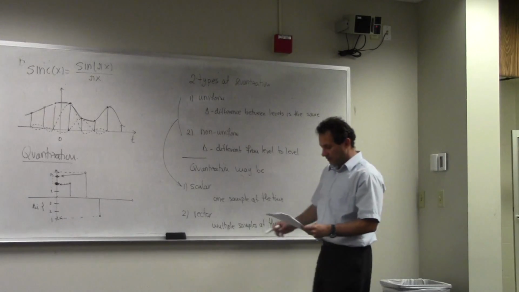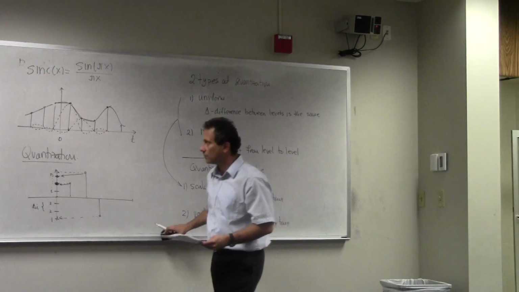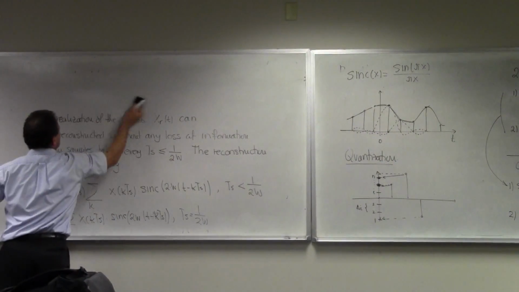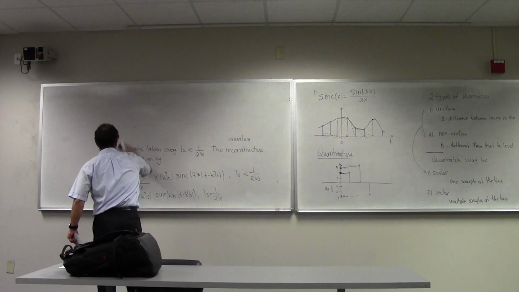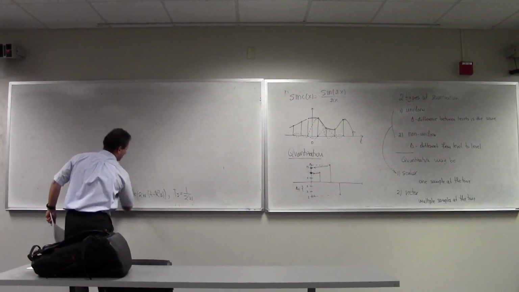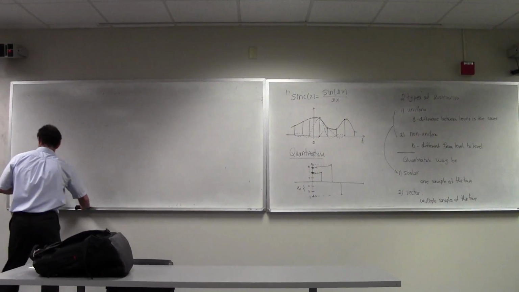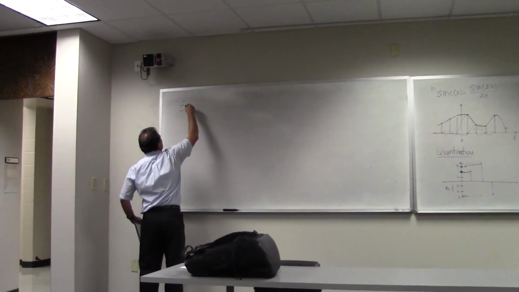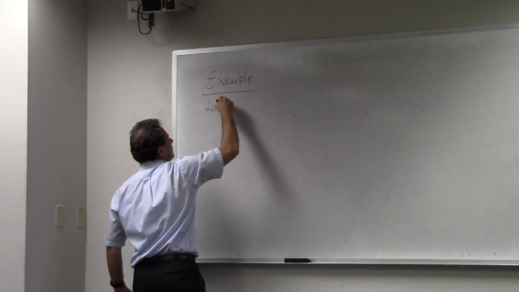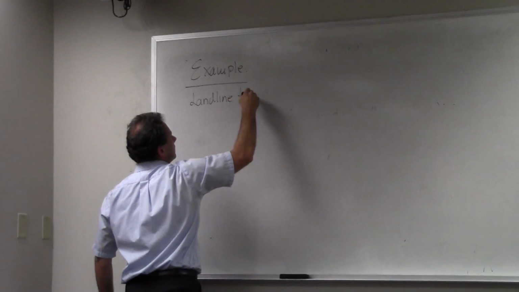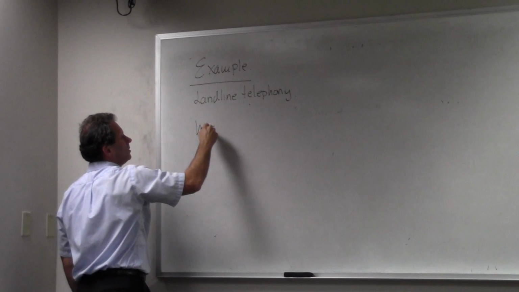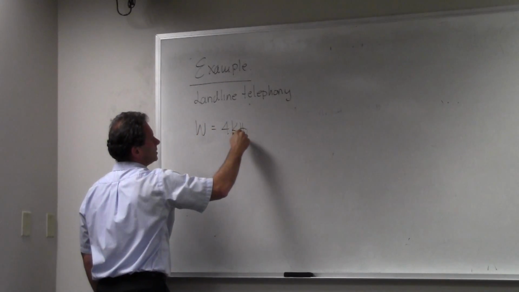So let me give you an example that we talked about, but let's just put it on the board so that you understand what is happening here in both time and amplitude domain. Let's look at an example. This is landline telephony. Here we have the signal that has W of 4 kilohertz, as we discussed.